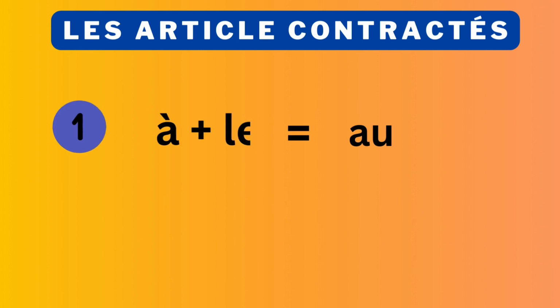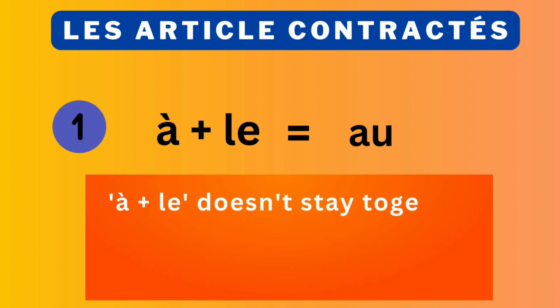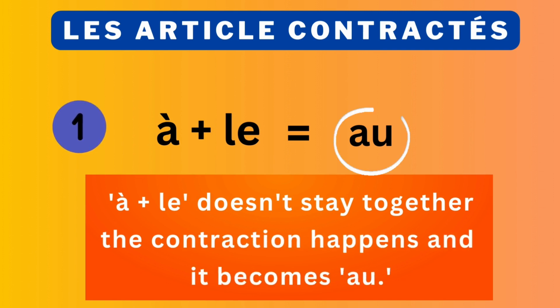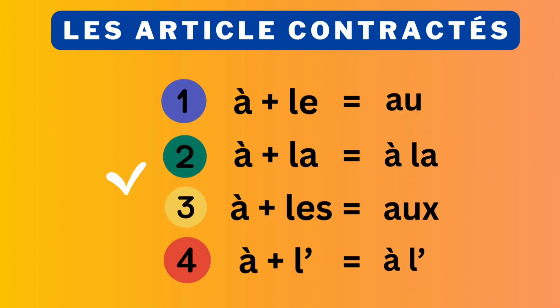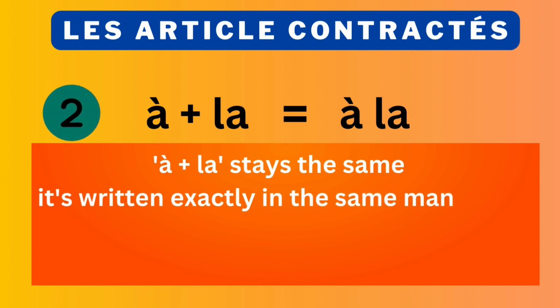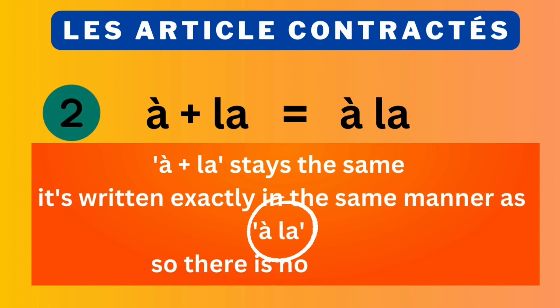À plus le becomes au. À plus le doesn't stay together. The contraction happens and it becomes au. À plus la stays the same. It's written exactly in the same manner as à la, so there is no change.